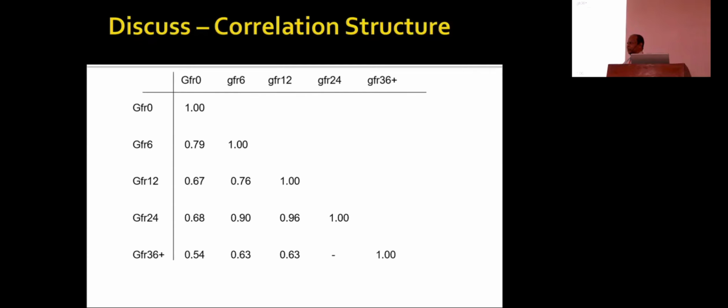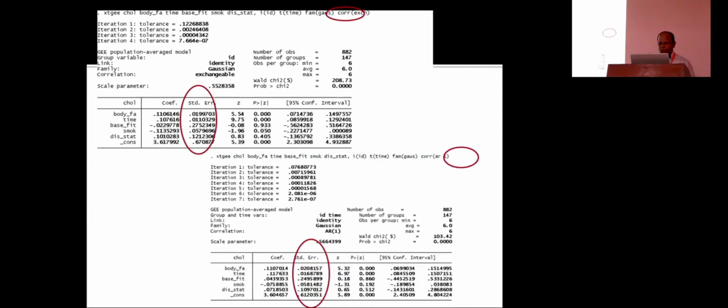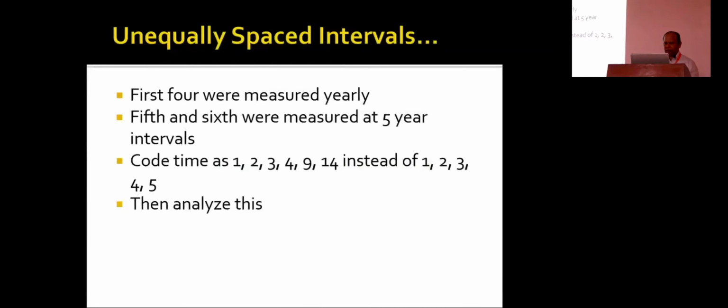So the exchangeable correlation structure is the best. So you can put in each correlation structure and find out the likelihood ratio statistics. Whichever is the minimum, you take that model and run it. Conservatively, it is easy to choose exchangeable. This is what this exercise is, using correlation structures and finding out which is the best.